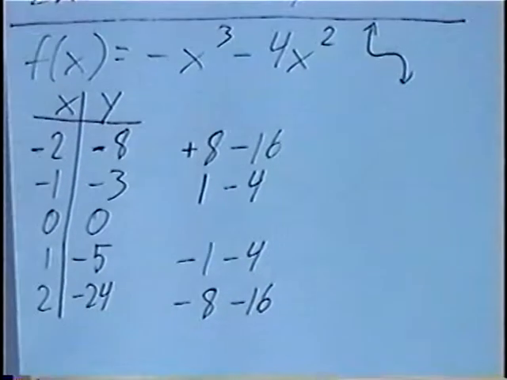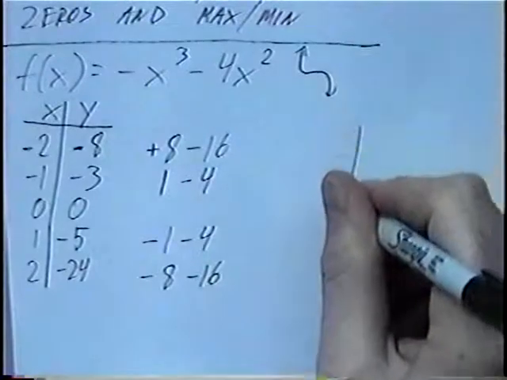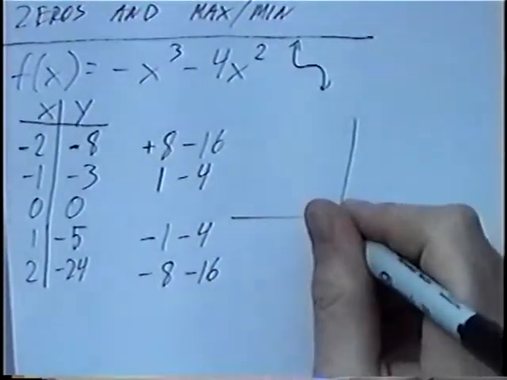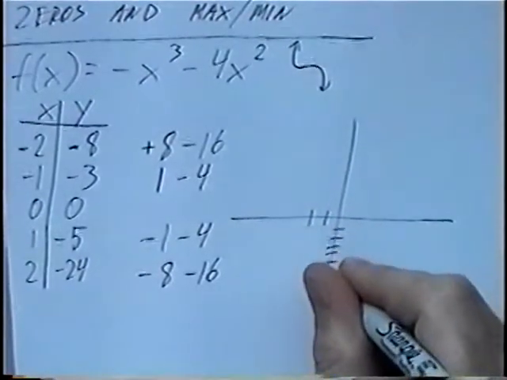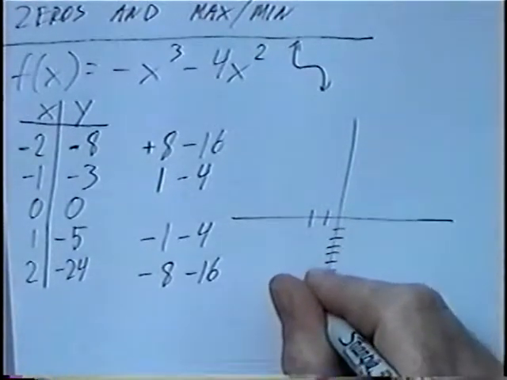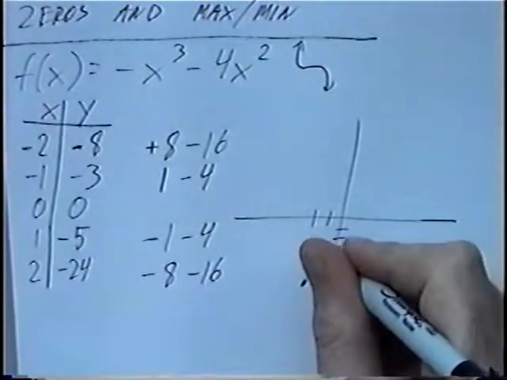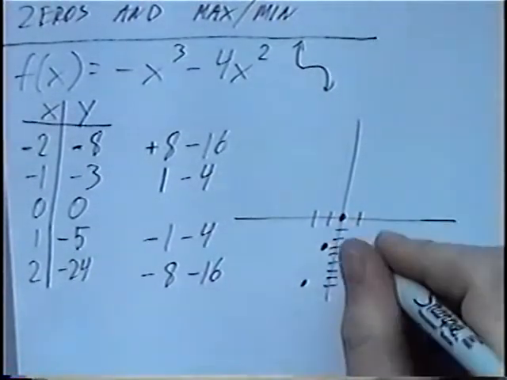Graphing from here. The first point we have is -2, -8. Second point is -1, -3. 0, 0, 1, -5.